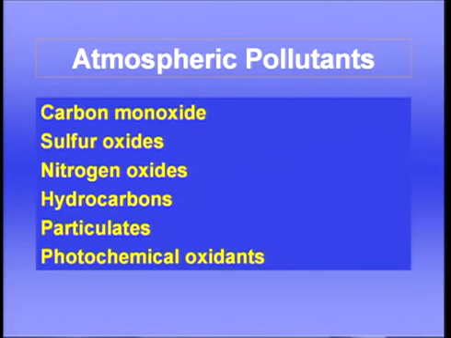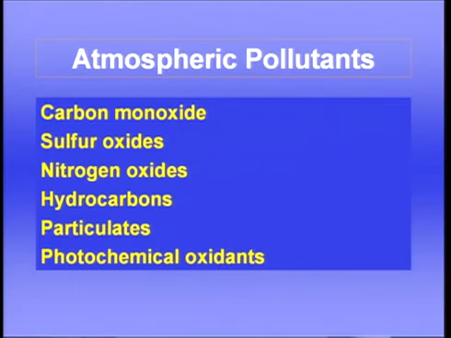Hydrocarbons are formed, again, mainly in the internal combustion engine. They again represent carbon that's not fully oxidized. They're not toxic in the normal concentrations that we see in the atmosphere, but they become very important in the development of smog, as we'll see in a few minutes.